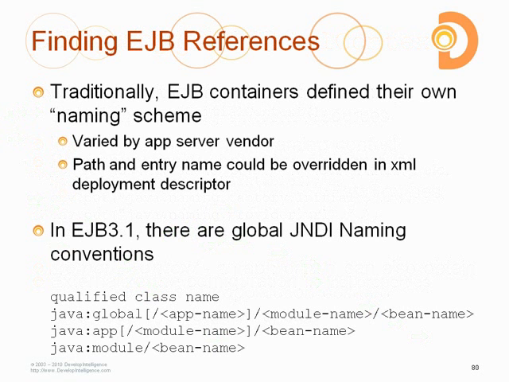In EJB3 and in EJB2, each application server vendor came up with a different naming structure for their enterprise JavaBeans. You'll notice on this slide it says in EJB 3.1 there is a new global JNDI naming convention, which basically means that regardless of the application server that I'm working with, the JNDI pathing name structure will always be the same.